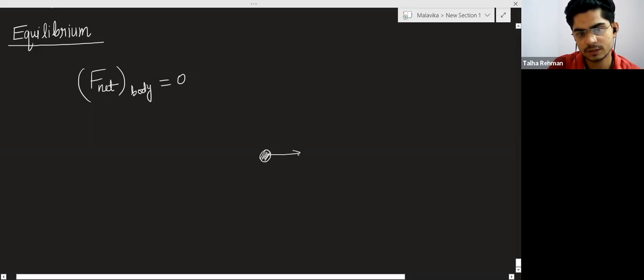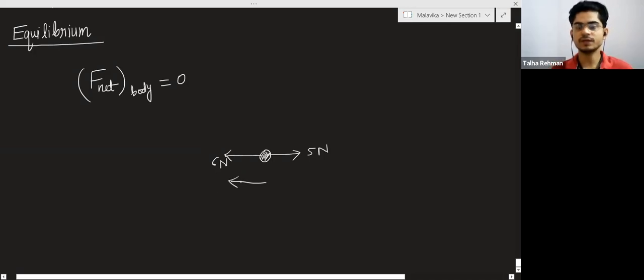Like here is a body, and this is a force of 5 Newton, and here is a force of 6 Newton. So this will fall because the force in this direction is more. This we can feel. So this body will move in this direction.